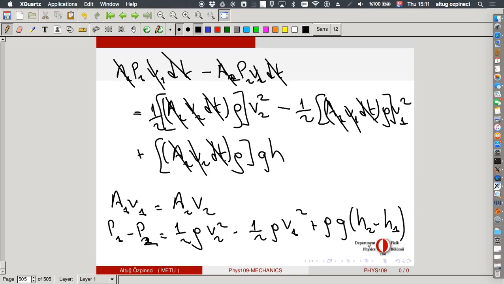Now let me reorganize this a bit. P1 plus 1 over 2 rho V1 squared plus rho G H1 is equal to P2 plus 1 over 2 rho V2 squared plus rho G H2.